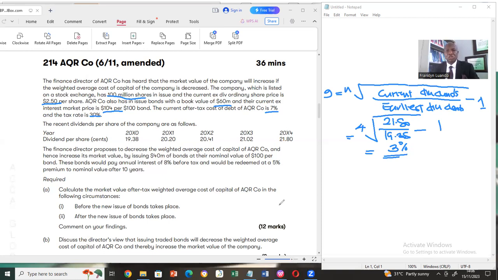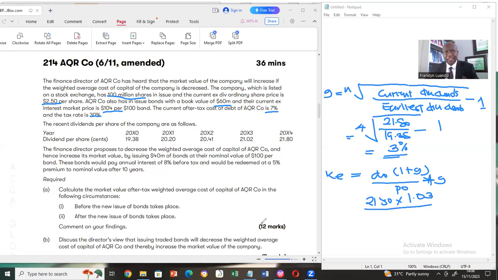Now we can calculate the cost of equity. We have the formula: dividend times 1 plus g, divided by the market price, plus g. So the dividends to be paid is 21.8 multiplied by the growth, 1 plus 3%, over the market price per share.